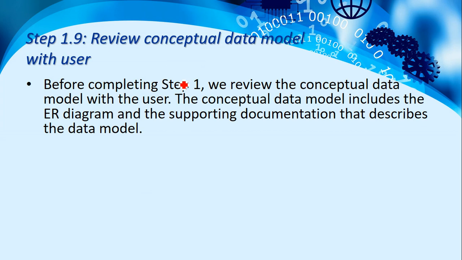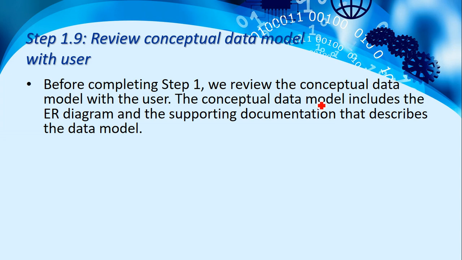So before we're now at the step 1.9, which is to review the conceptual data model with the user. So before completing step 1, we reviewed the conceptual data model with the user. So when I say user, this could be the users of the database, the users of the application, or their client, your business client of their enterprise.